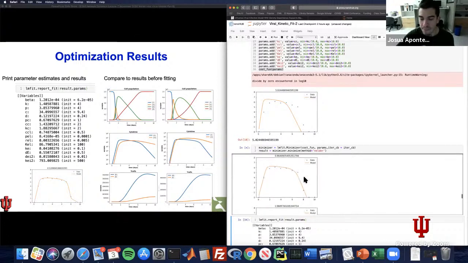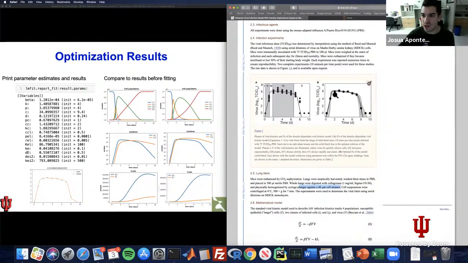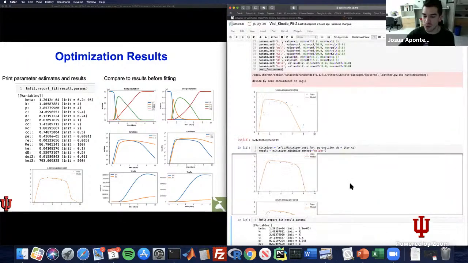So you guys can see there that it's ignoring those two points. And actually, when we compare that to this, the one that they're reporting in the paper, it looks much closer to what they published in the paper.